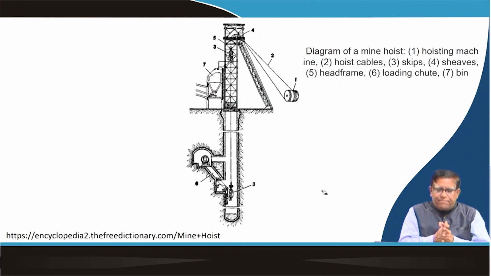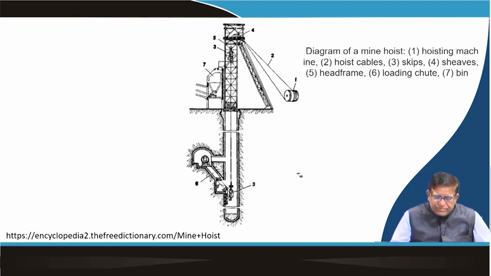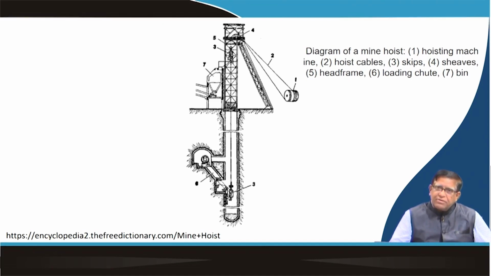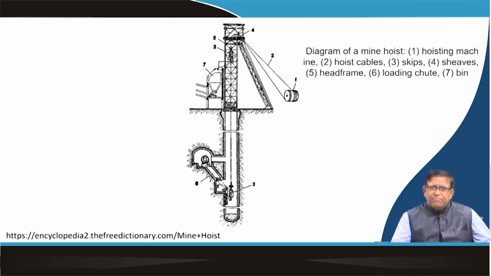Now, that skip, if it is coming, how will it work? In case of a cage you have it suspended there, but in case of a skip you will have to make some extra excavation underground, where the mine car will be brought. The tippler, which I told you about in the pit top layout, is where this car is tippled.